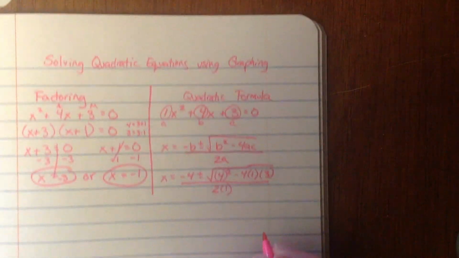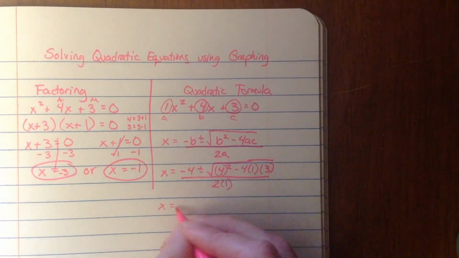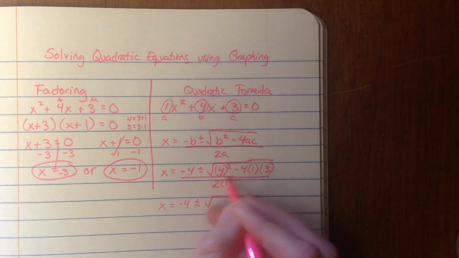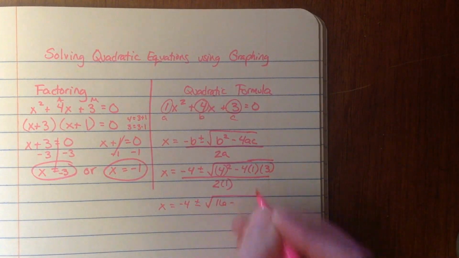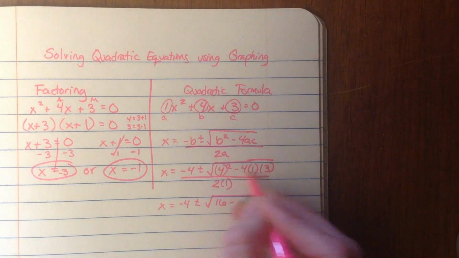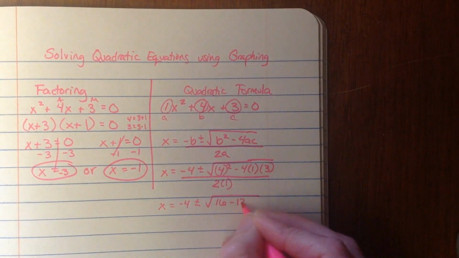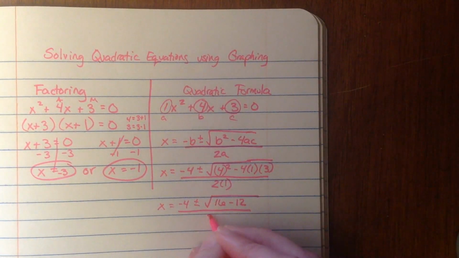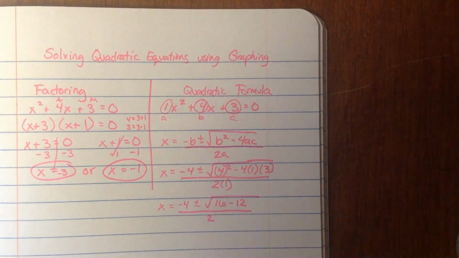And so then I'm just going to work that and simplify it, and so I get negative 4 plus or minus, on the inside of the square root, 4 squared is 16, minus 4 times 1 times 3, which is 12, all over 2, because 2 times 1 is 2 on the bottom.